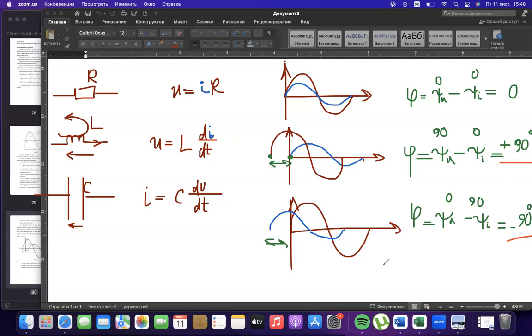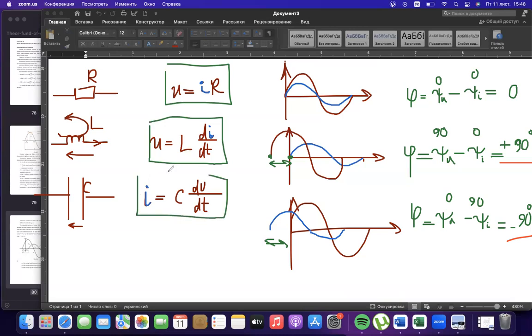And the main properties: for a resistor, the main formula is here. For a coil, the main formula is here. For a capacitor, the main formula is here.